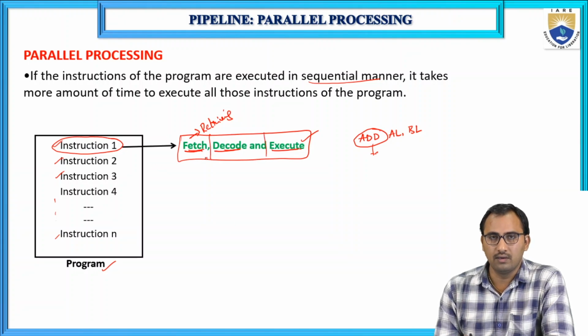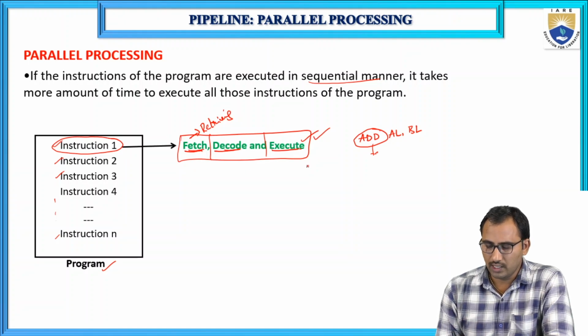So these are the three different phases of the instruction. In a sequential manner, the first instruction will be fetched, decoded, and executed. When the first instruction's execution is completed, only then will the second instruction be fetched from the memory.